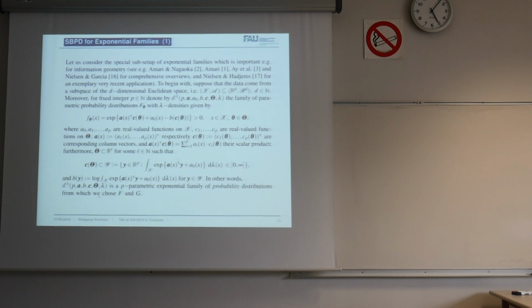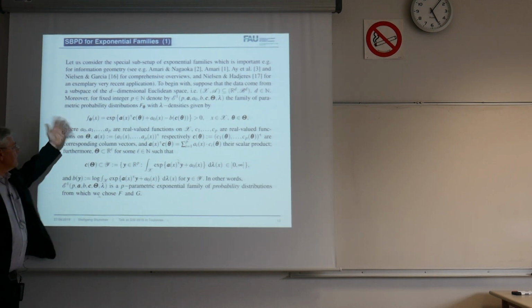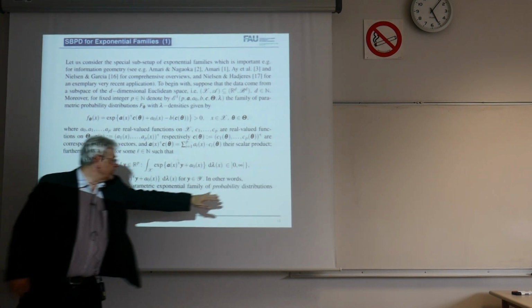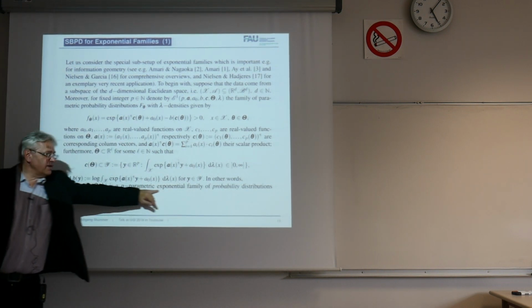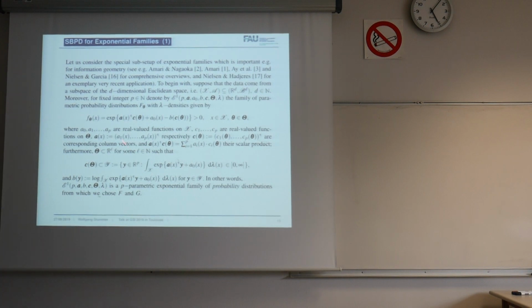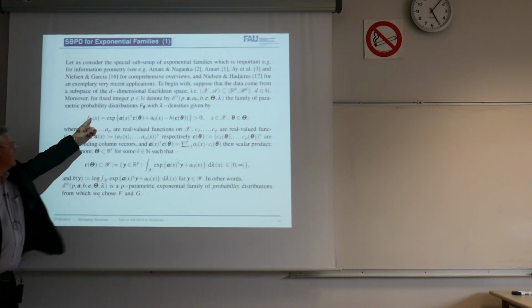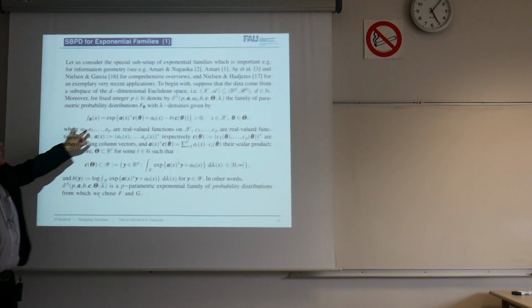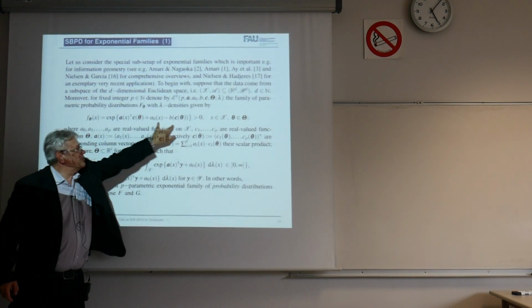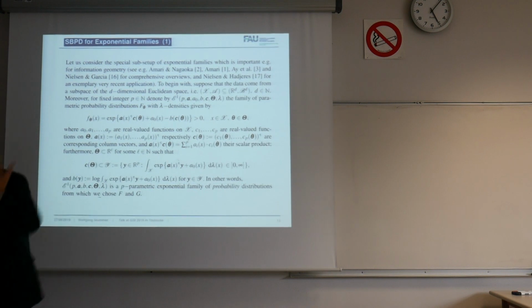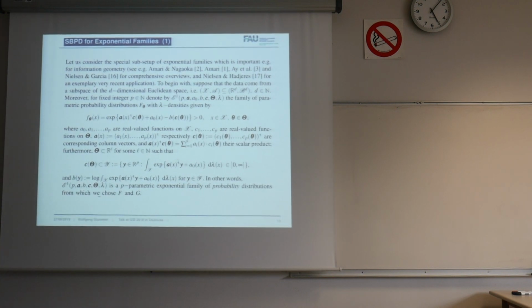So that means we consider a parametric exponential family with the parameter theta, which may be a vector or something like that, then the densities should have this well-known form with the very important cumulant function B. This plays a decisive role here.